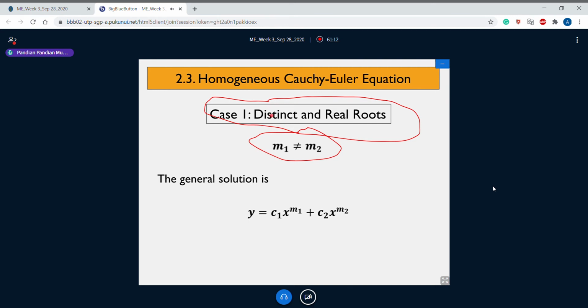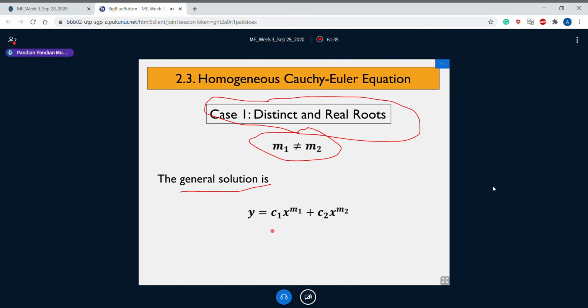This is called distinct and real roots. Distinct meaning, in layman's terms, different. Two different roots, but they must be real, without any imaginary numbers.